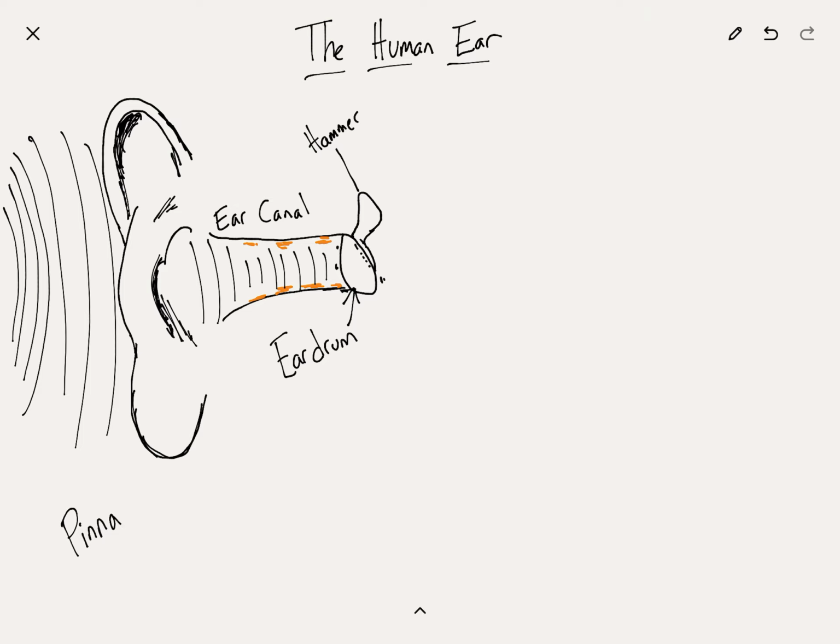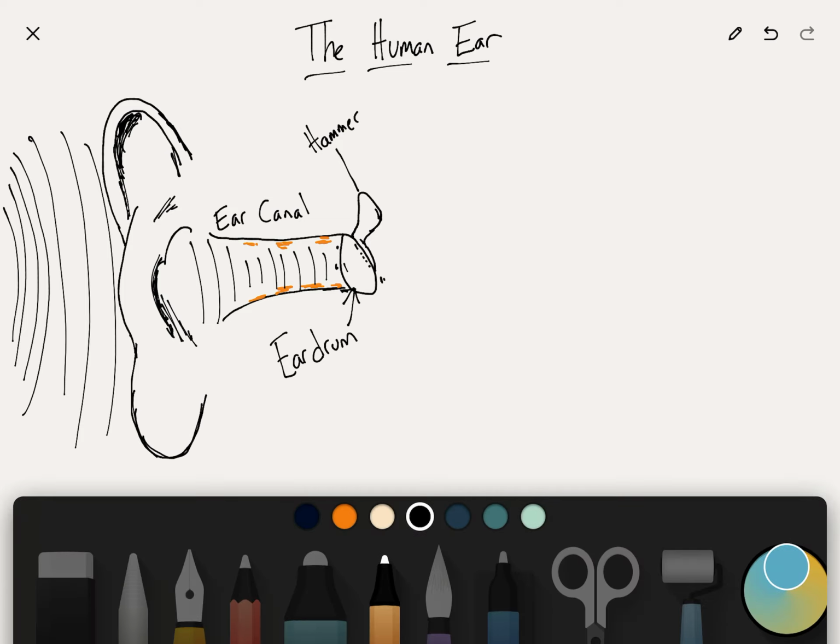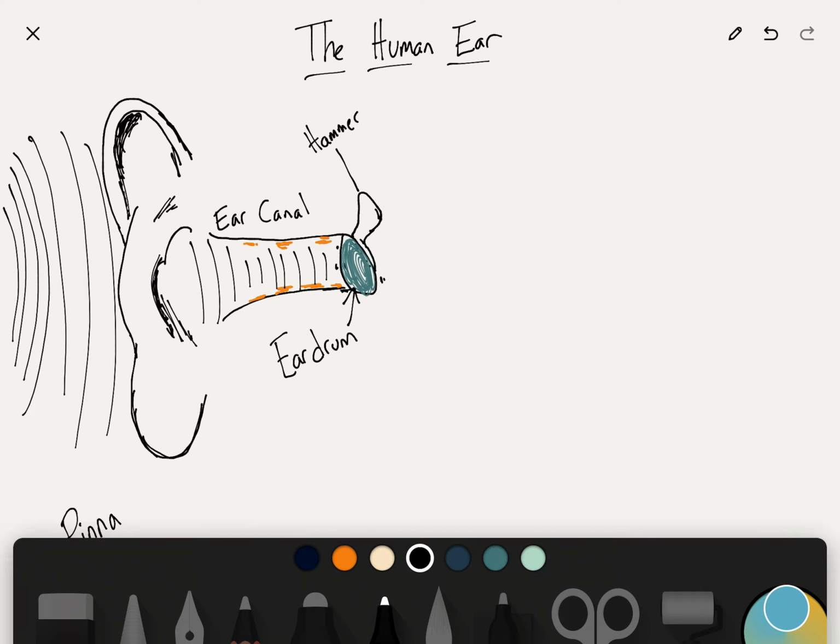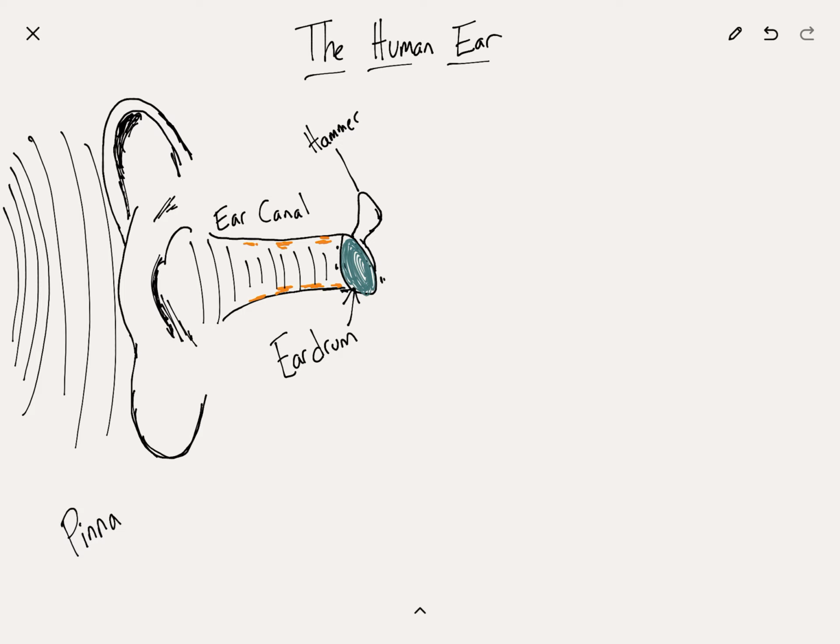Okay, and the hammer is one of the bones that basically when the eardrum vibrates and moves, then that causes the hammer to move as well. Okay, and when the hammer moves, then it causes the anvil to move, and the anvil is the second bone here, and the anvil shakes even just a little bit more.